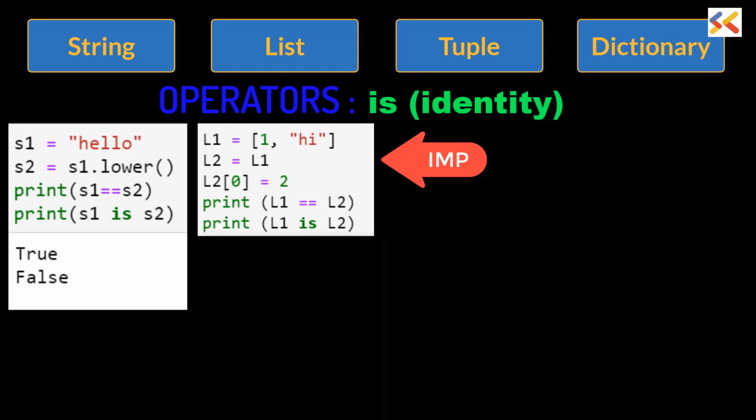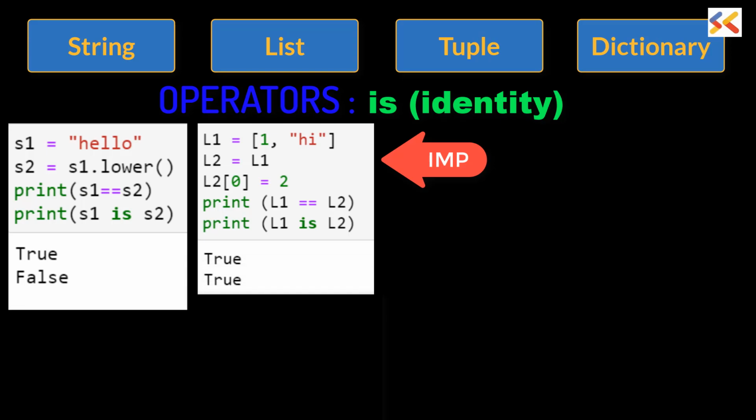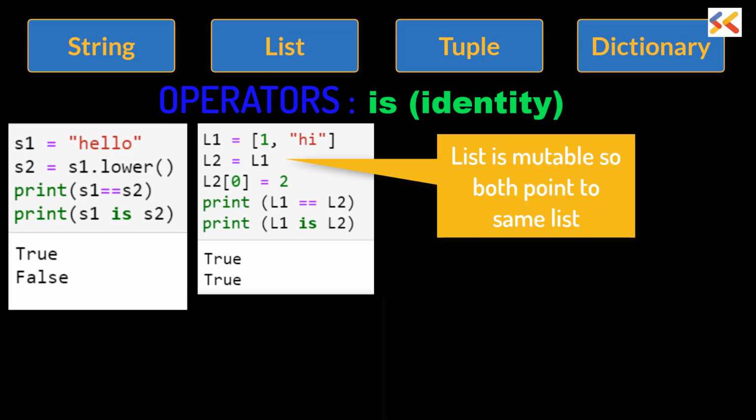Now if we take list, we see an interesting behavior. We use equal to operator to assign one list to another and then we change one of the lists. Now if we check both equal to and is operator, we will see both return true. How are both lists the same? It is because list is mutable.